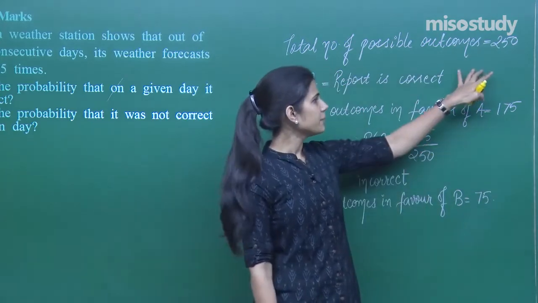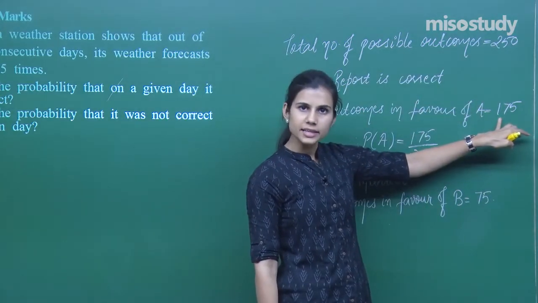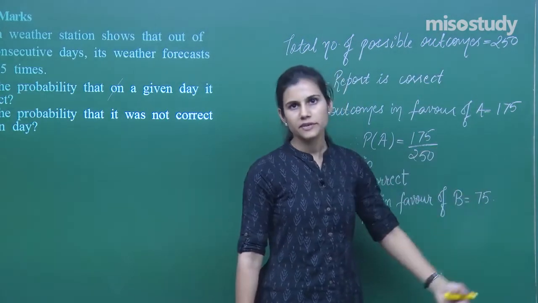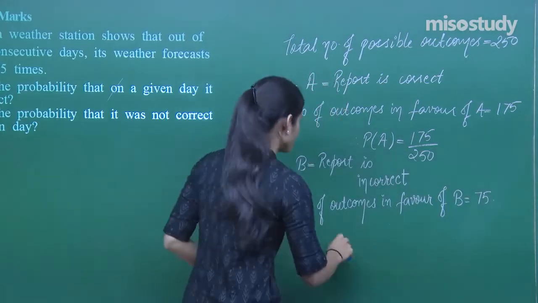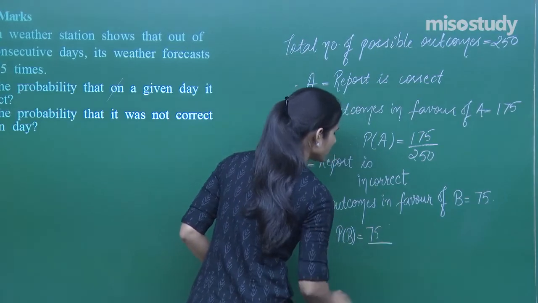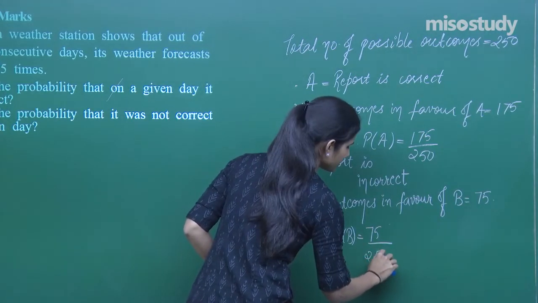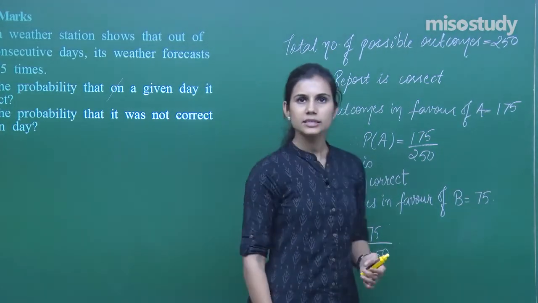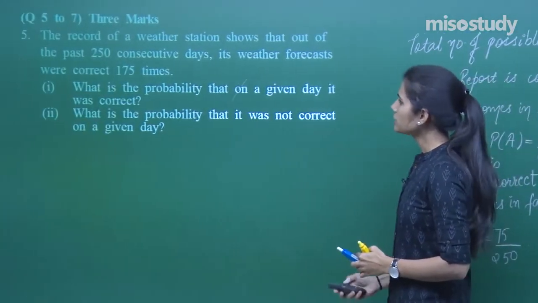Out of 250 reports, 175 reports were correct, and the rest, 75, were incorrect. So the probability of event B will be 75 upon the total number of outcomes, which is 250. Is it clear? Let's look at the next question.